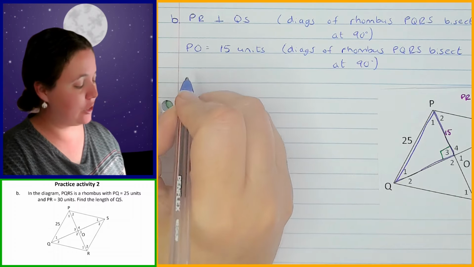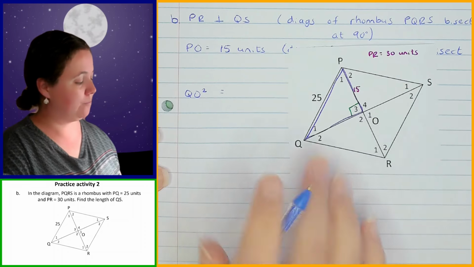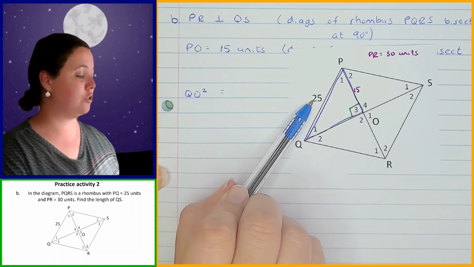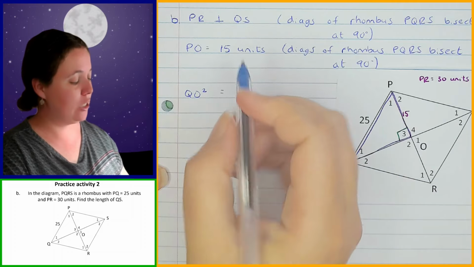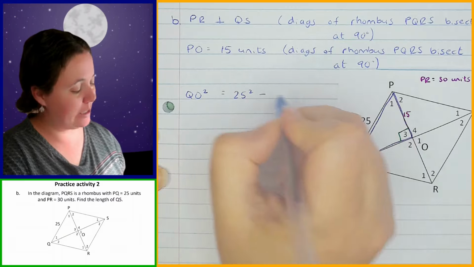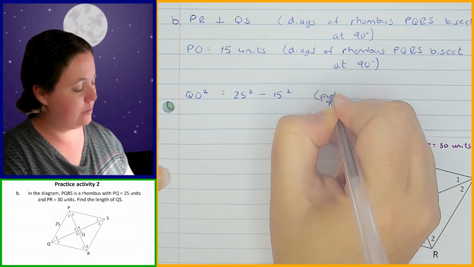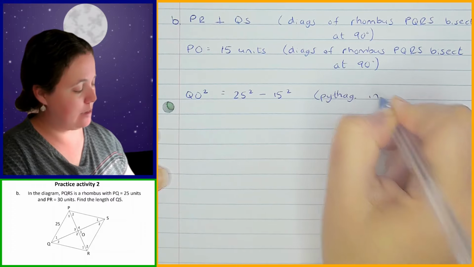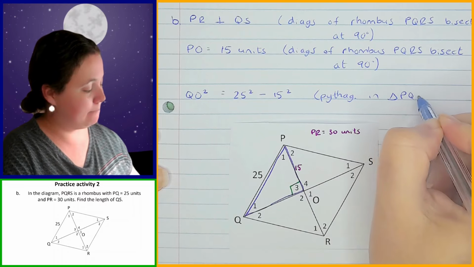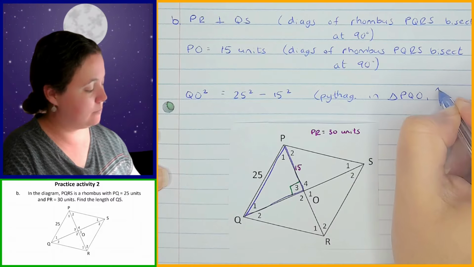Right, so now I can say QO squared is equal to, now QO is not the hypotenuse, so I'm going to take the hypotenuse squared minus the other side squared, so it's 25 squared minus 15 squared, and that I can say because of the Pythagorean theorem in triangle PQO with angle O equal to 90 degrees.